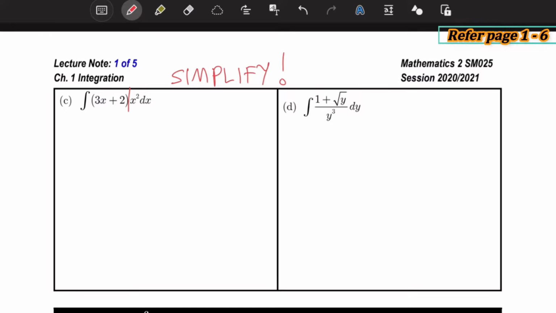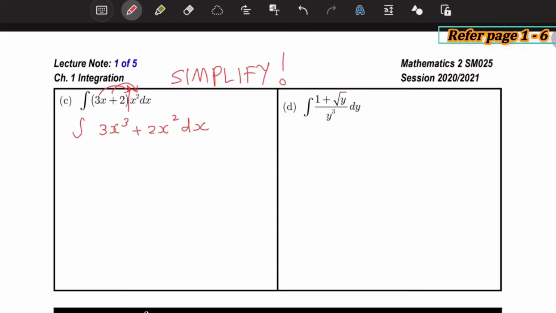So we state the function in simplest form. And for this case, we can expand term by term. So we have integrate 3x cubed plus 2x squared dx.